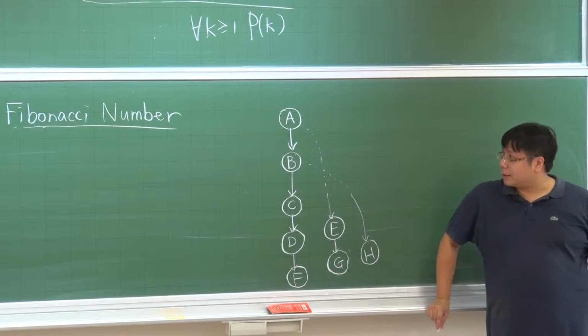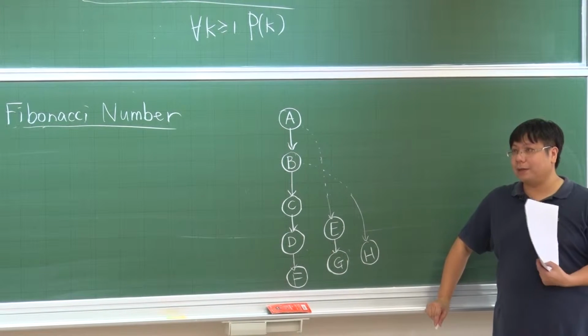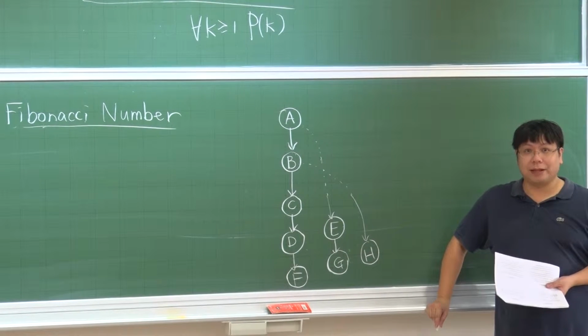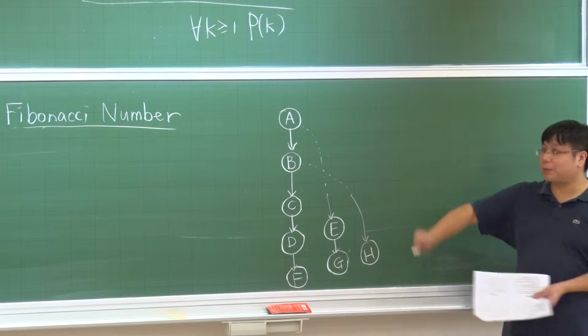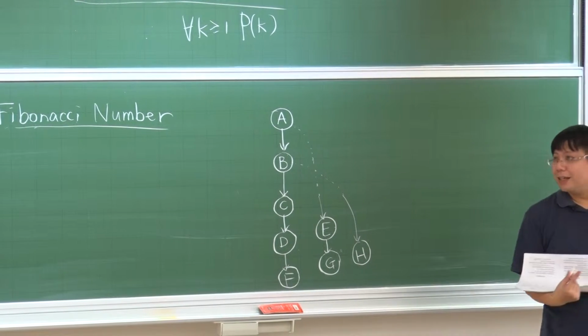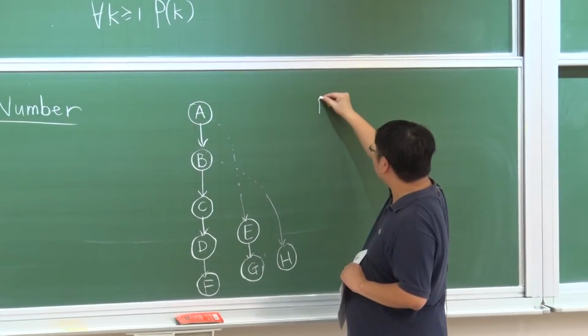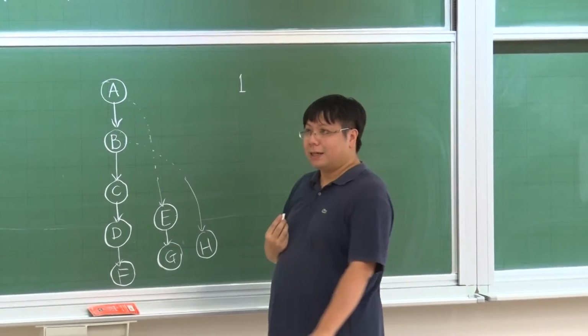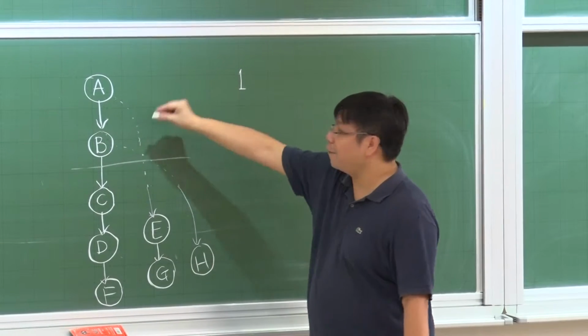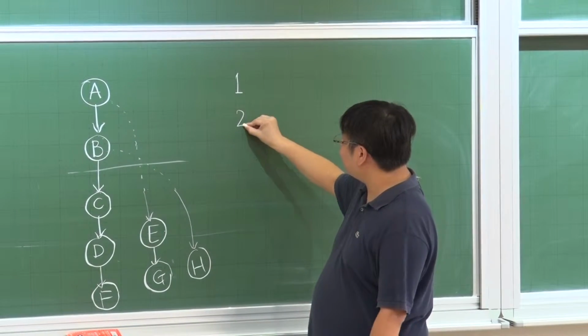So this question asks, how many rabbits will you get in total after a year? Assume that they never die. At the beginning, you have just one, just A. After 1 month, A will give rise to B, so in total you will get 2.